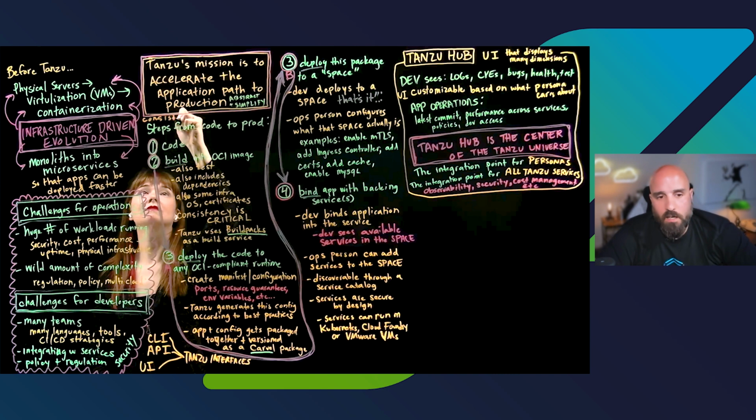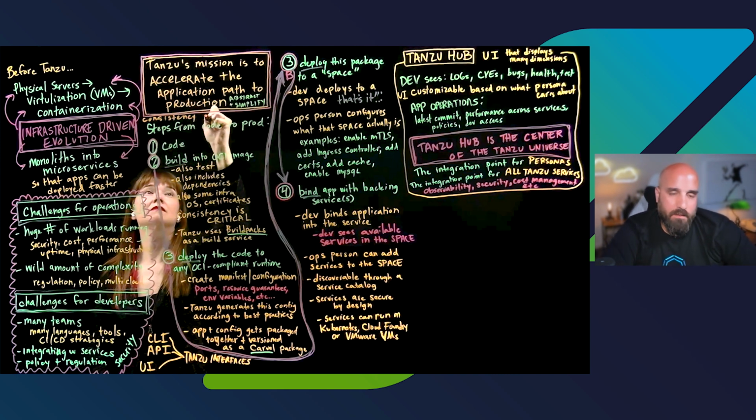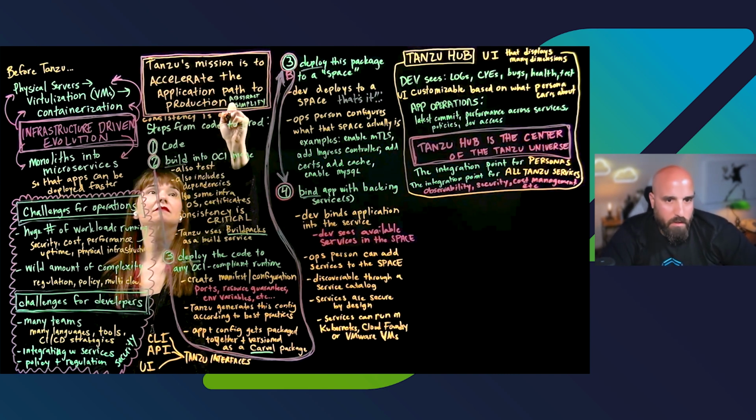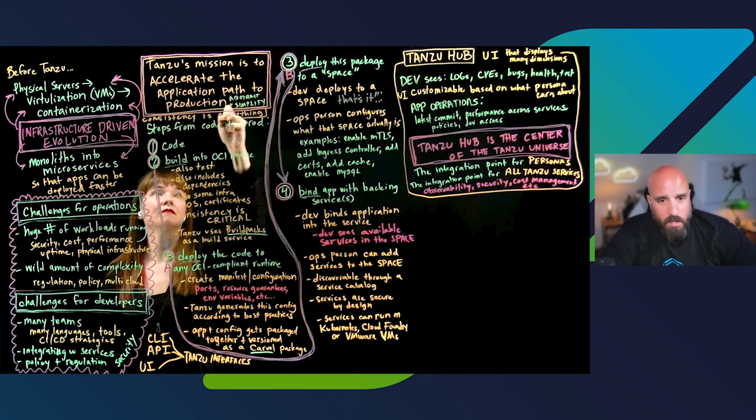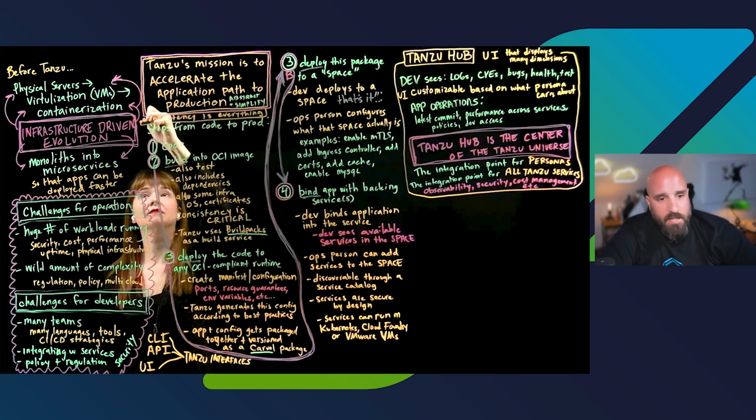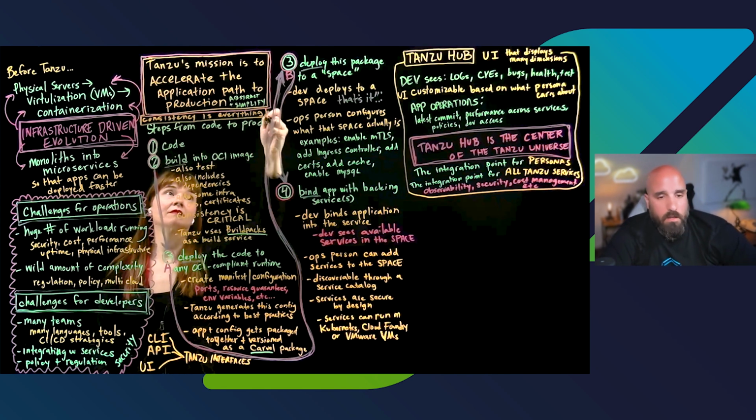All of those things are supporting that mission that we have. And if you get consistency in all of those different aspects and steps in that path to production, that's how you achieve the acceleration.